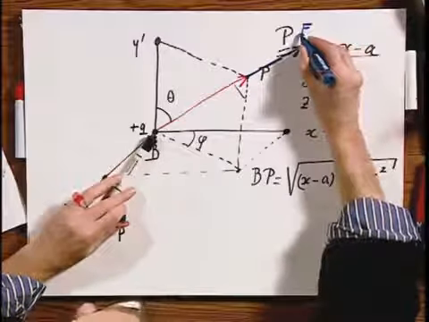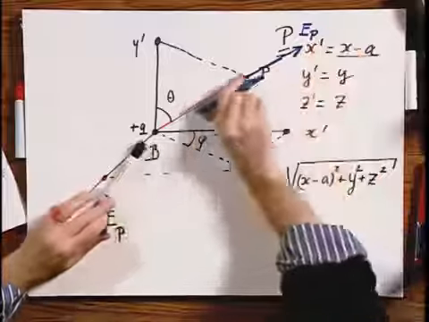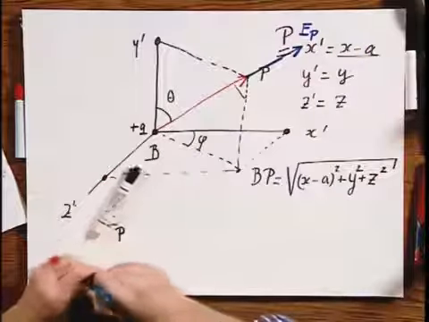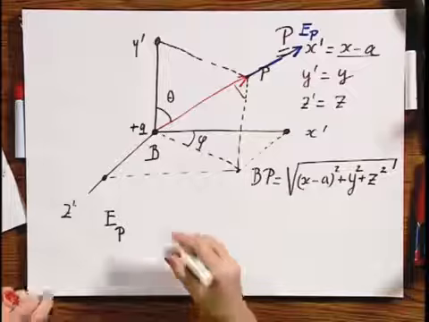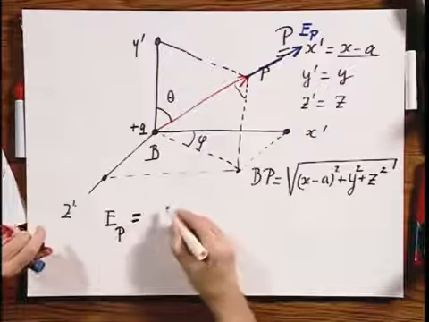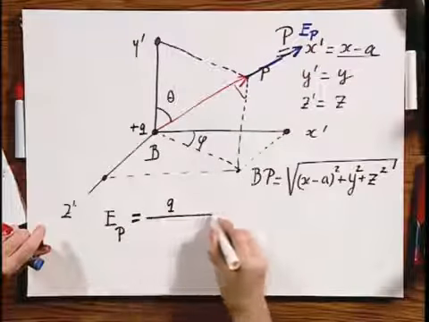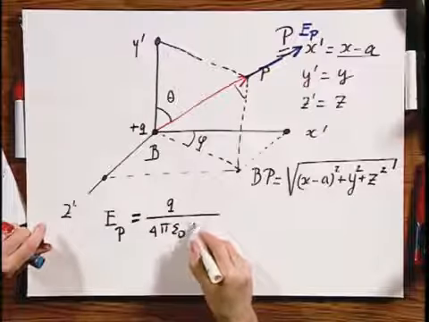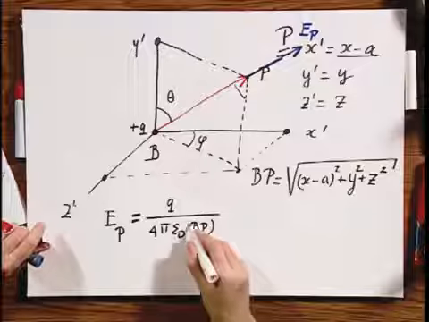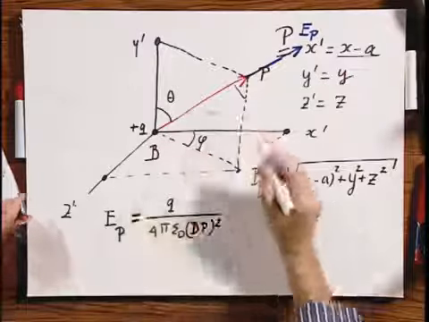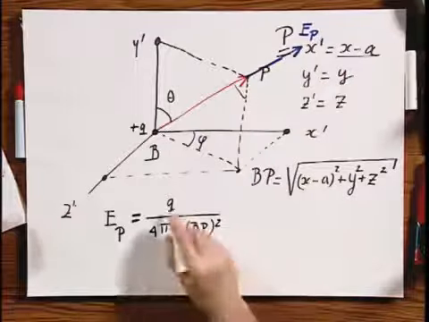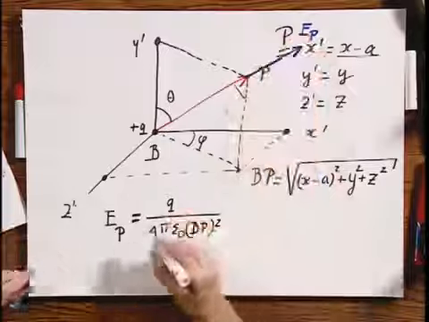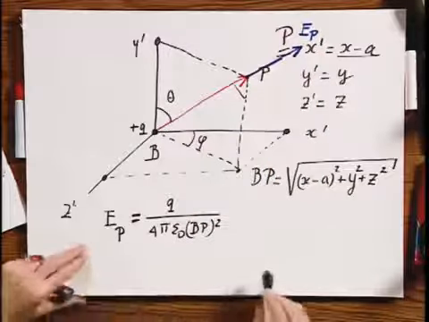I will call it E of P. It's in the same direction as BP. The magnitude of it equals Q divided by 4 pi epsilon 0 times BP squared, namely the radius squared. And it is pointing outwards because this Q is positive.